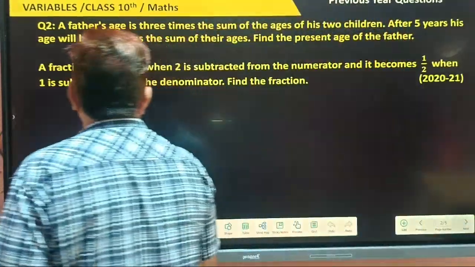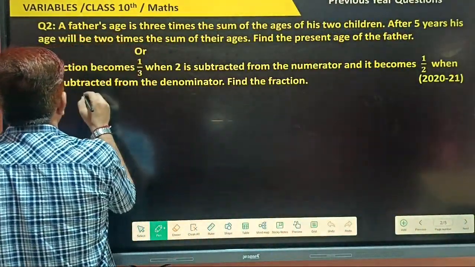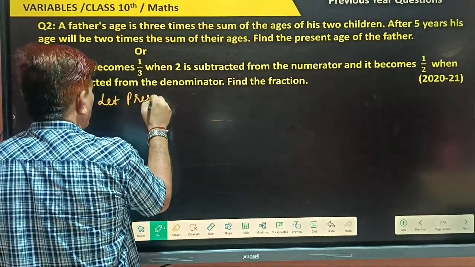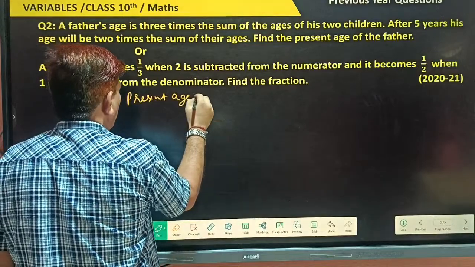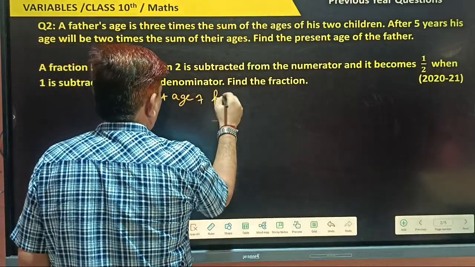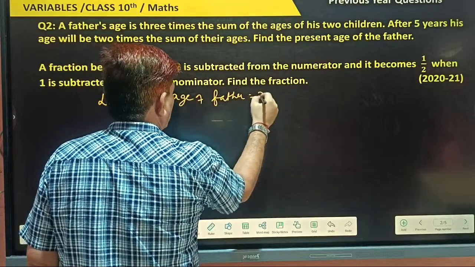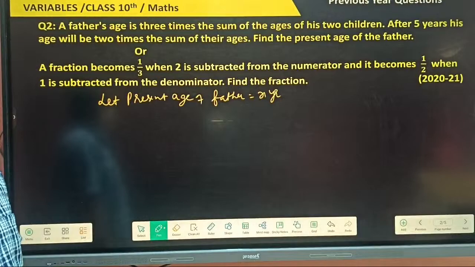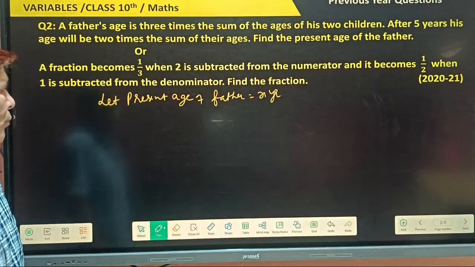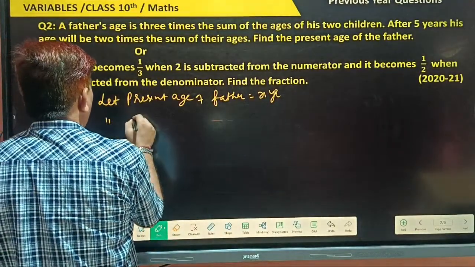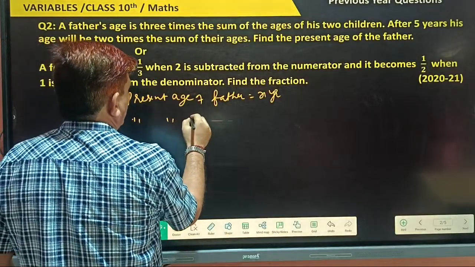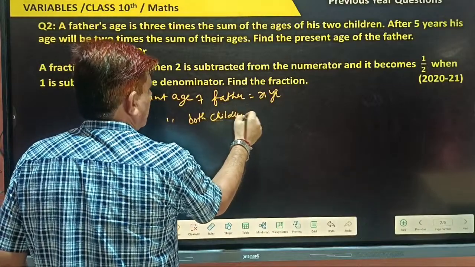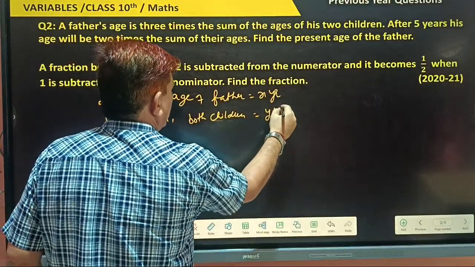So what we can say, let the present age of the father be x years. Yes or no? Let the present age sum of both children be y years.